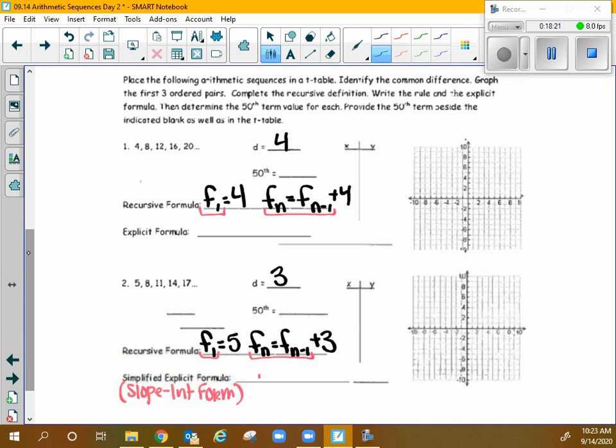So, explicit formula. You don't need to list your first term because your first term is in the formula itself. So, f of n equals our first term. What's our first term? 4 plus n minus 1 times our common difference, which is what? 4.